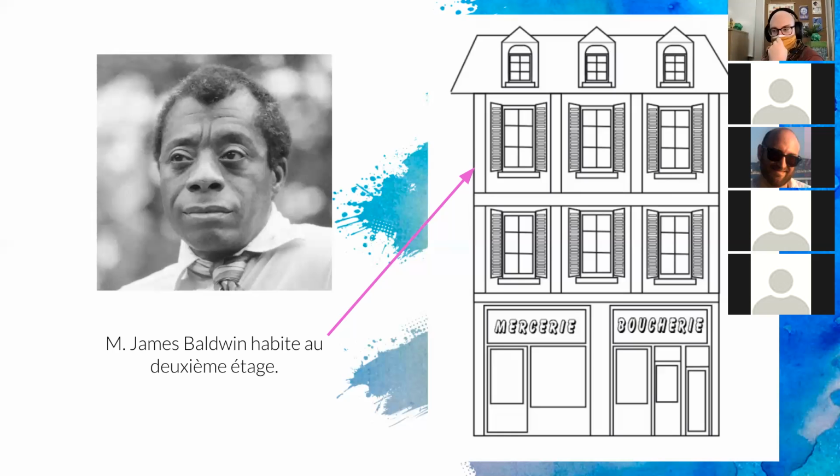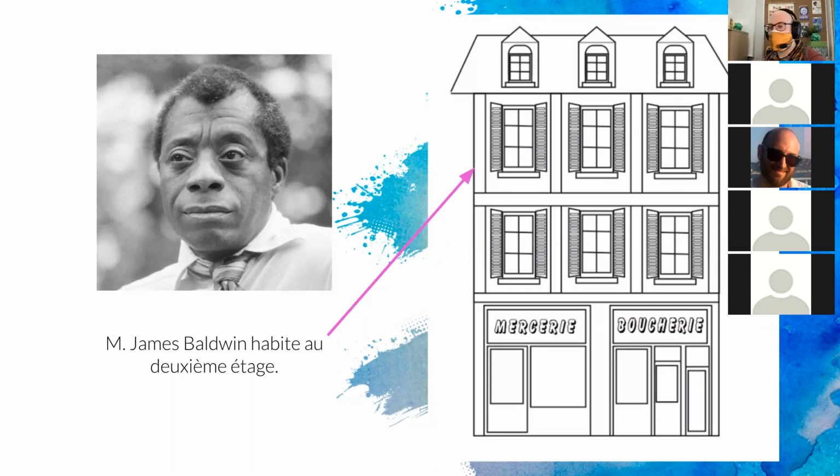But Monsieur James Baldwin, does anybody know who this is? No? Anybody in the chat? For some reason, I'm struggling to see the chat on my screen. Can somebody tell me if there's an answer in the chat that you're seeing? A French painter? Yeah. No, he wasn't a French painter, but that's a good guess. He was a writer, and he was American.